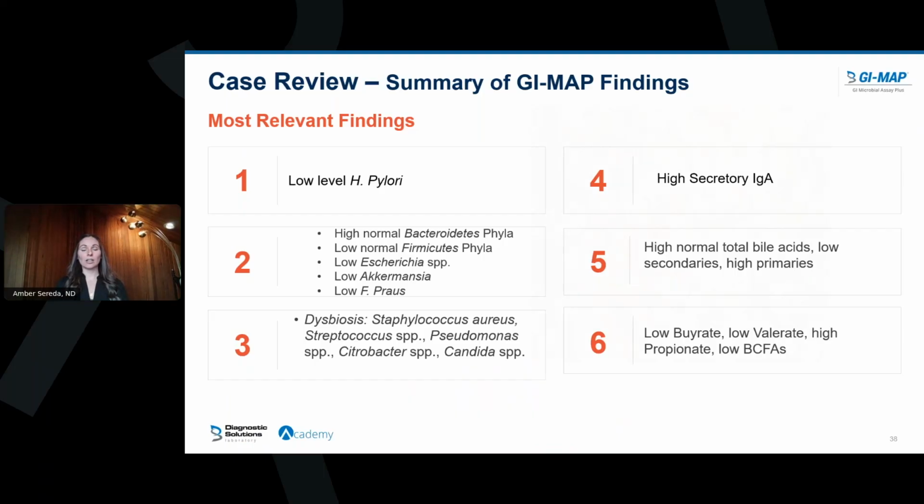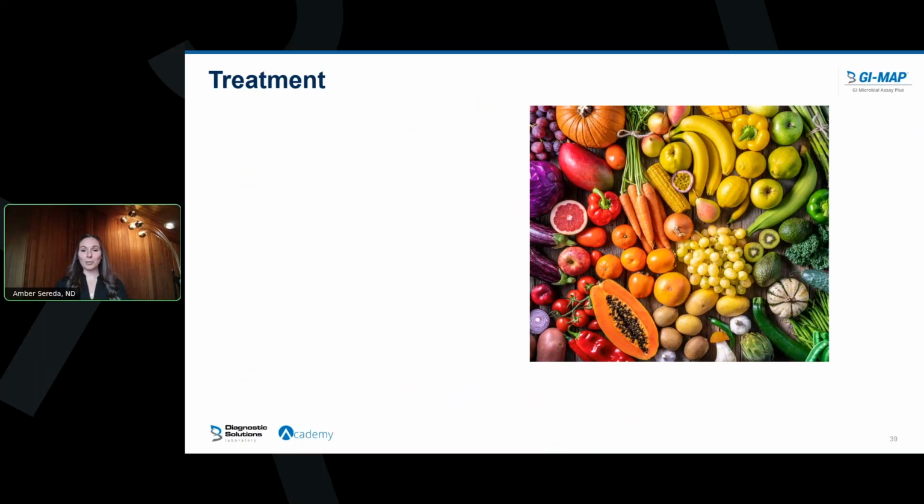So let's take a look at the treatment plan. When I put this treatment plan together, what you'll see is the bolded interventions are choices that I made or were reinforced by seeing the StoolOMX results. So I wanted to look at treating that candida, and absolutely candida can be treated with herbs or pharmaceuticals.